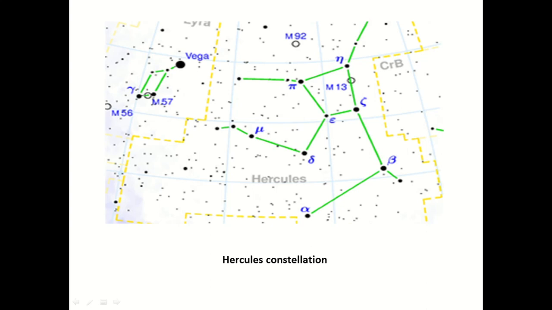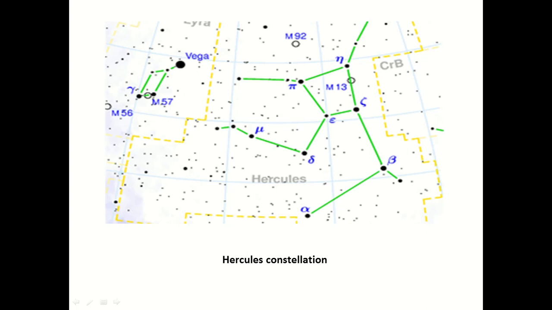the observer will locate the Hercules constellation by a finder scope. Then he will know the position of Messier 13 in the Hercules constellation, and after reaching the eta or zeta stars, he will move his telescope in this direction to locate Messier 13.